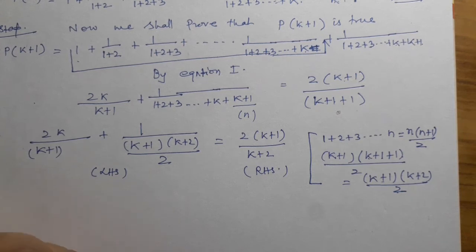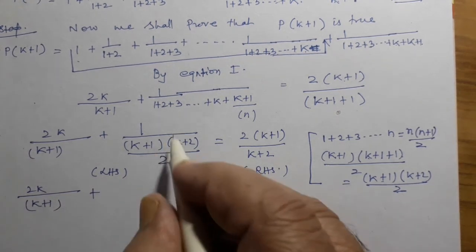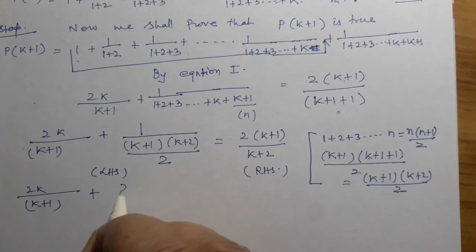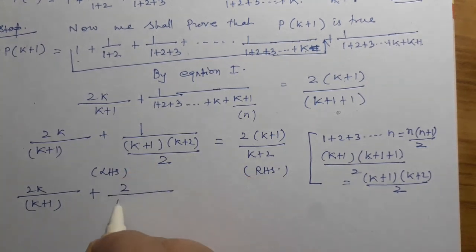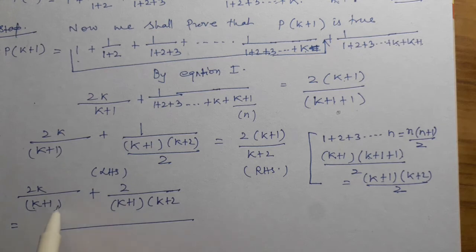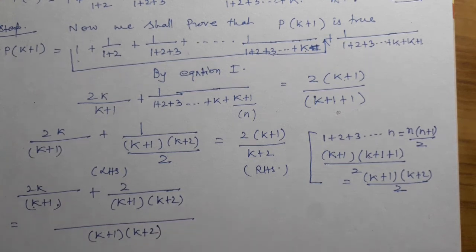So here LHS will be 2k by k plus 1 plus this 2 will be reversed, it will go at the place of numerator, and this will be denominator, k plus 1 into k plus 2, right? Taking LCM, k plus 1 is common here, and k plus 2 is different, so ultimately LCM will be k plus 1 into k plus 2.